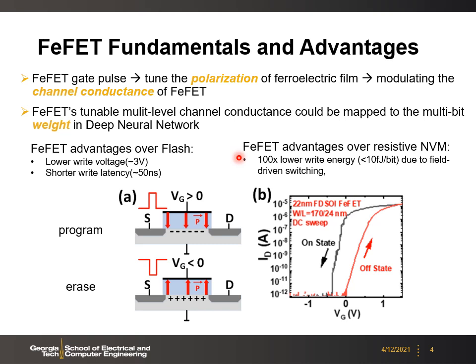FeFET also holds many advantages over other resistive non-volatile memories, such as RRAM or phase change memory. This is because FeFET has much lower write energy, less than 10 femtojoule per bit, because of the field-driven mechanism instead of the current-driven mechanism in RRAM or phase change material.